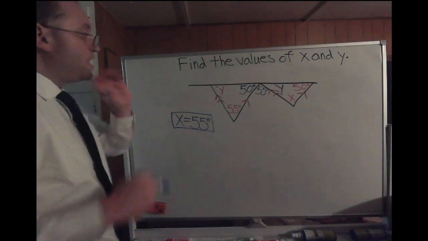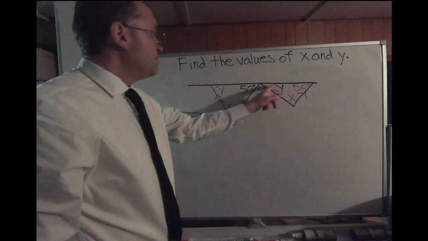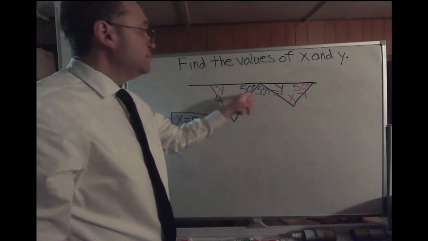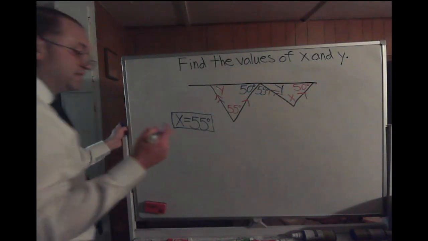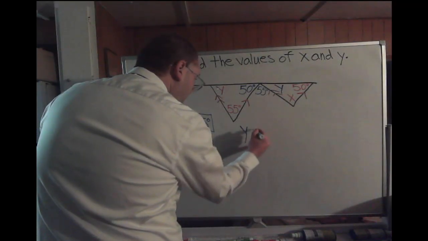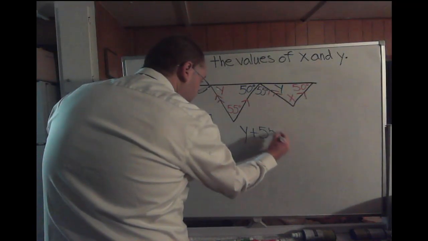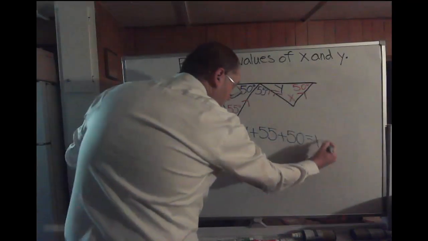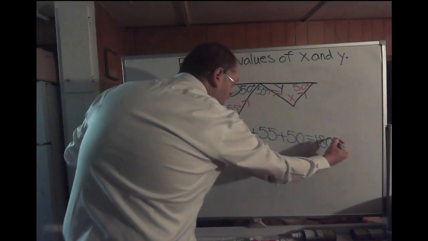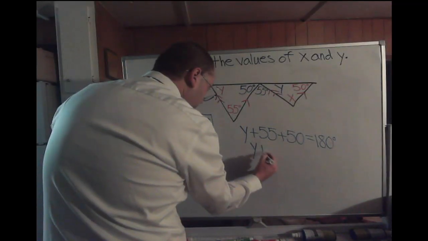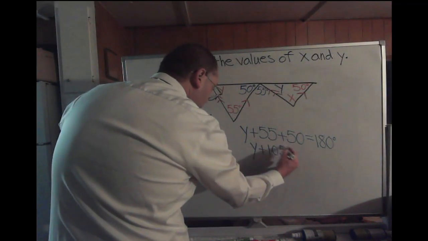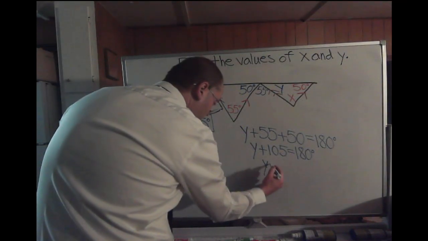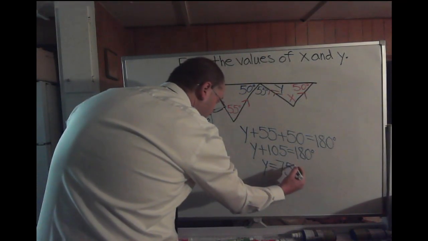Now, if we take y plus 55 plus 50, won't we get 180 by looking at these three angles? We'll set that up. So y plus 55 plus 50 is equal to 180 degrees, which gives y plus 105 equals 180 degrees, which therefore renders y being 75 degrees.